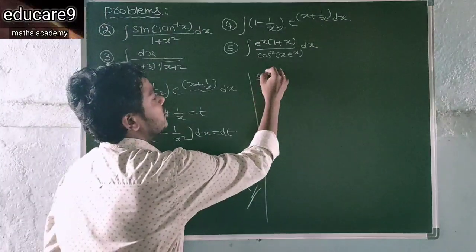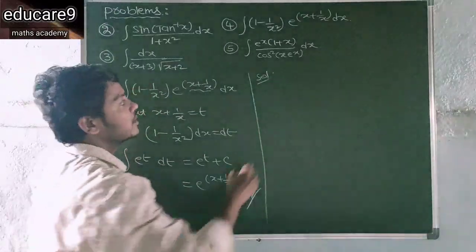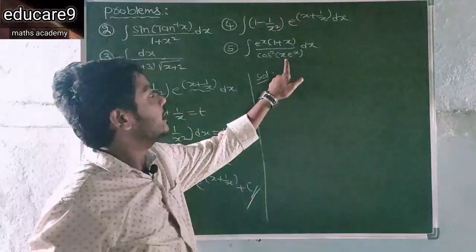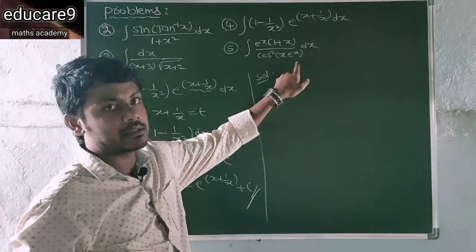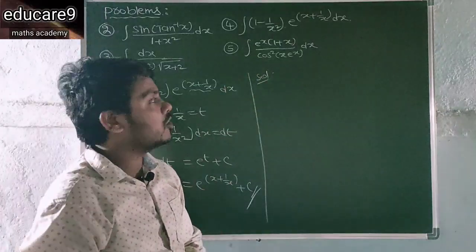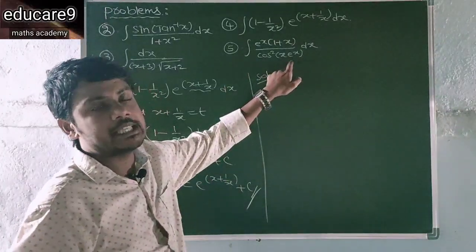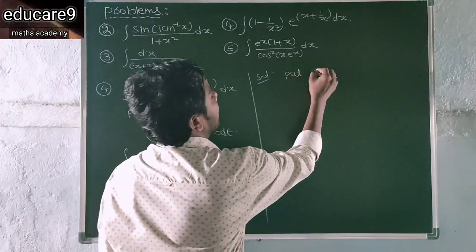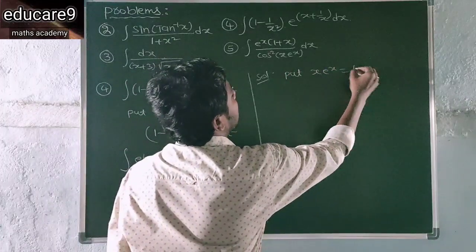Now see the fifth solution. See here, derivative of x e power x is e power x into (1 plus x). So for that assume x e power x as t. Put x e power x is equal to t.